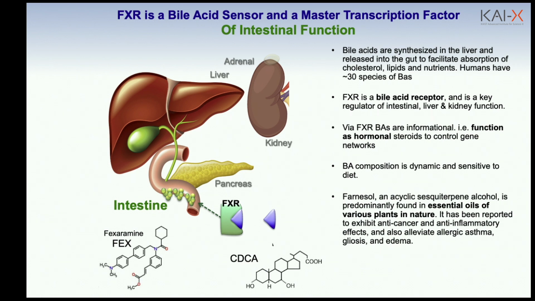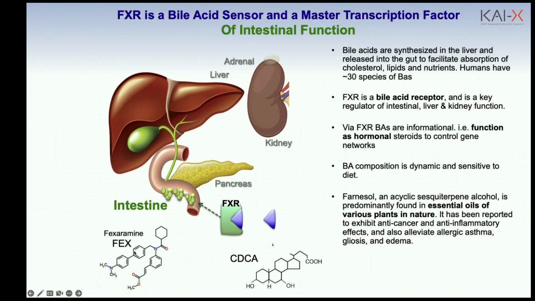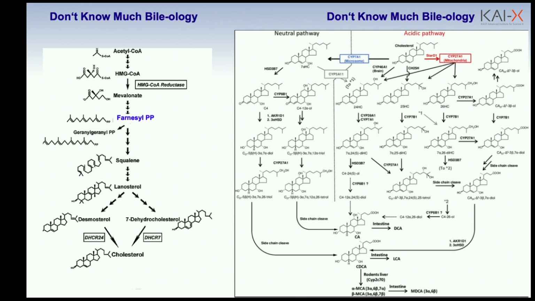Because of that, we're going to look at what is the impact of activating intestinal FXR with this drug called fexaramine, FXR amine. That was the title. So we call it FEX. We'll use this to explore the nature of the signaling pathways.